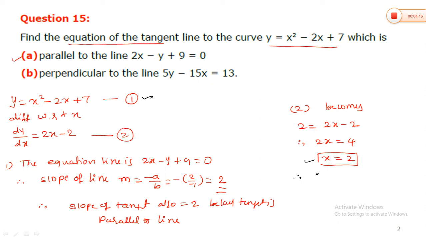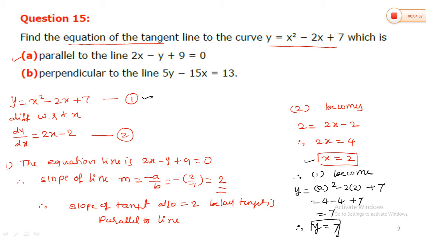Therefore y equal to 2 square minus 2 into 2 plus 7, that is 4 minus 4 plus 7, this equals 7. Therefore y equal to 7. So here x is equal to 2, y equal to 7, and the slope is also equal to 2.